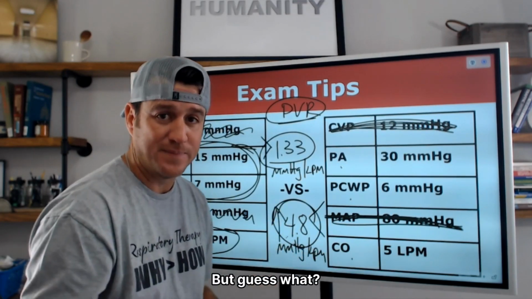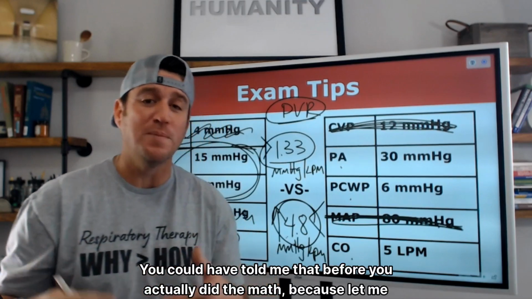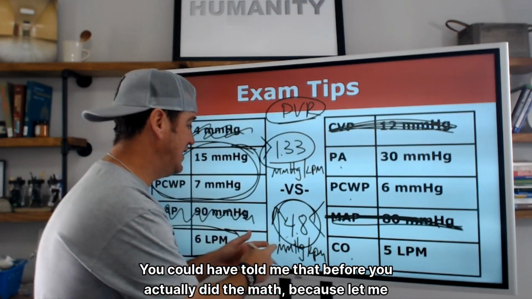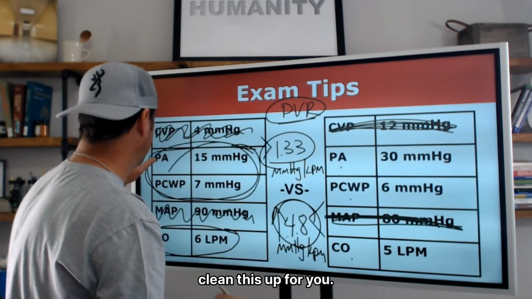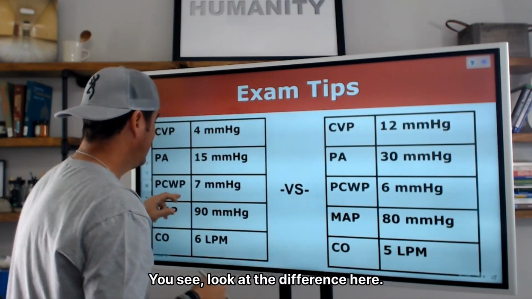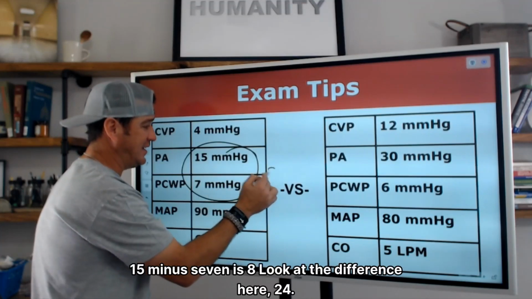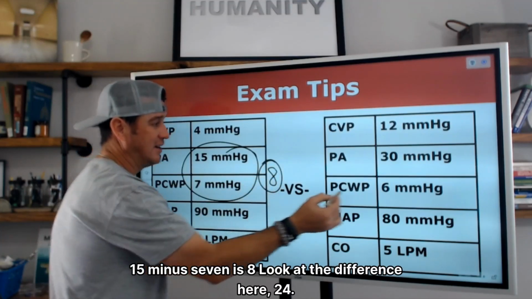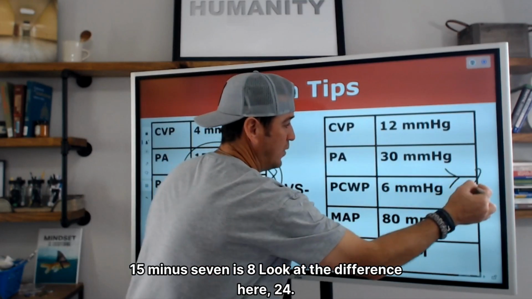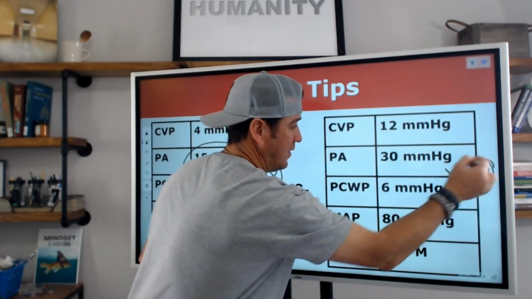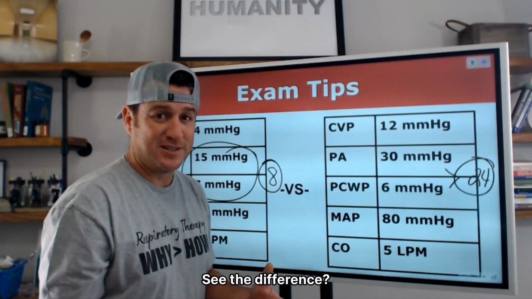But guess what? You could have told me that before you actually did the math, because let me clean this up for you. You see, look at the difference here. 15 minus 7 is 8. Look at the difference here. 24. See the difference?